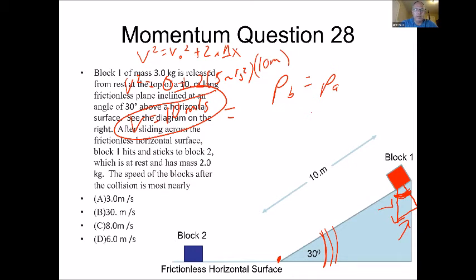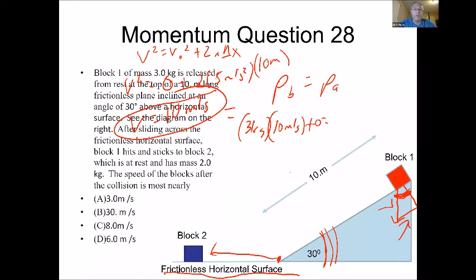So block 1 has a mass of 3 kilograms. And when it gets over here, since this is a frictionless horizontal surface, it's going to collide with the same speed it had at the bottom of the plane, 10. All right, block 2 is at rest. So it has 0 momentum before.